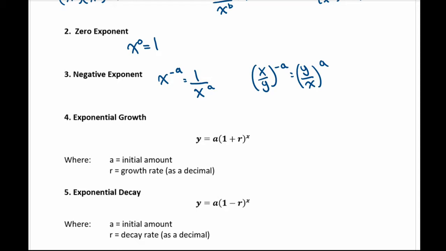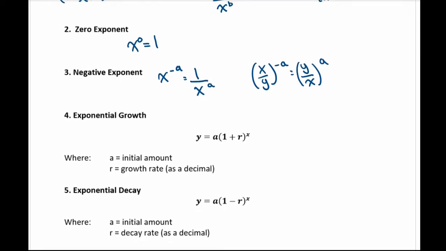Exponential decay is very similar, except we are subtracting the r value. The equation for exponential decay is y equals a times (1 minus r) to the power of x. A is still your initial amount, and r is your rate of decay as a decimal.